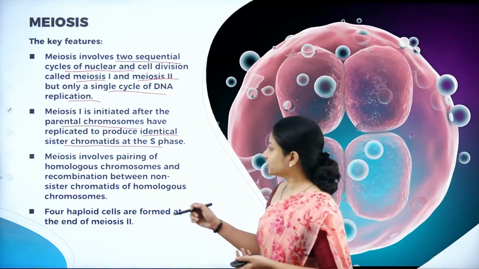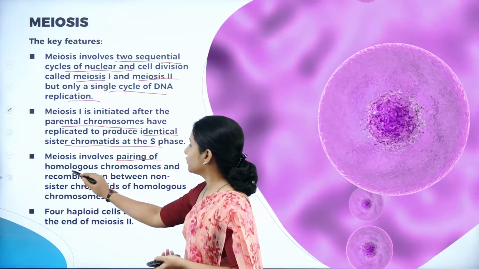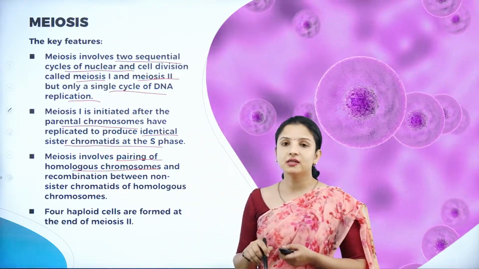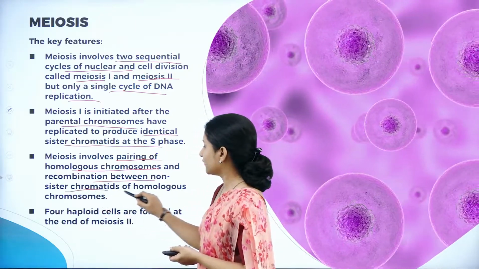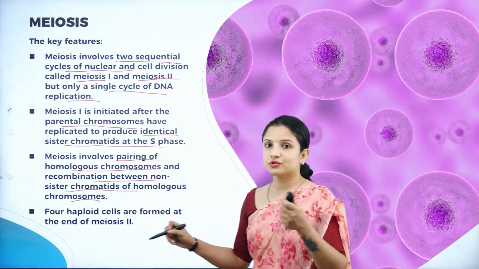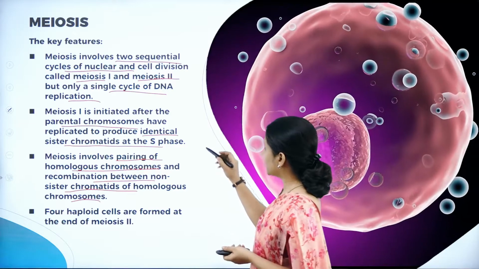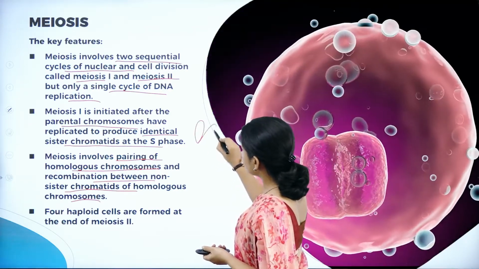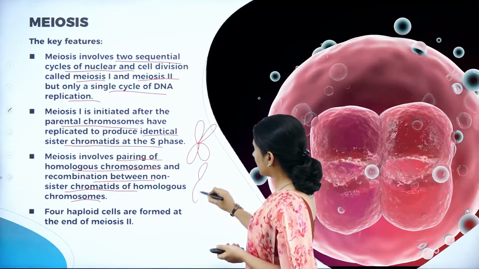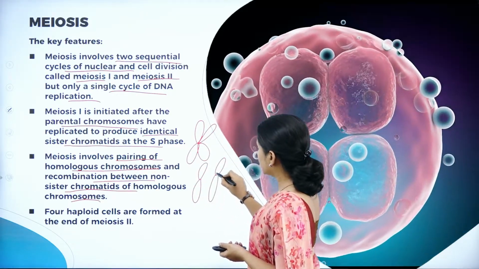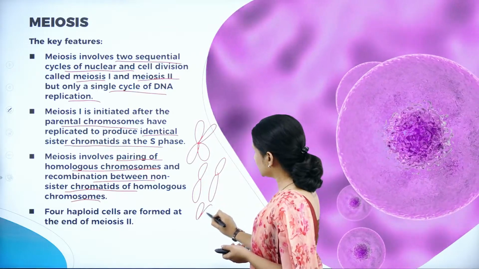And meiosis usually involves the pairing of the homologous chromosomes and the recombination between the non-sister chromatids of the homologous chromosomes. What does it mean? We have to understand the chromosomes. First, the chromosomes are single. Then the pairing of the chromosomes will occur.